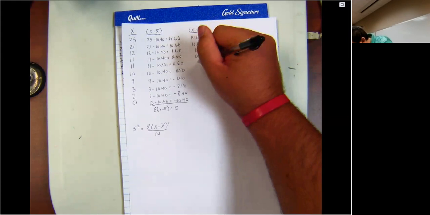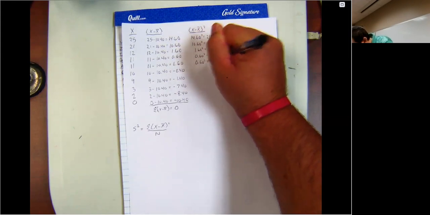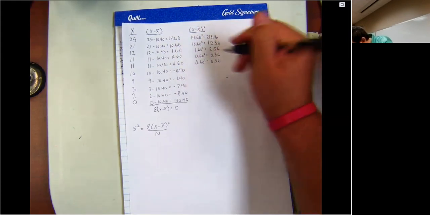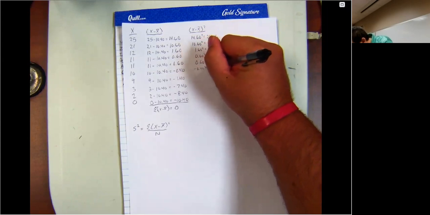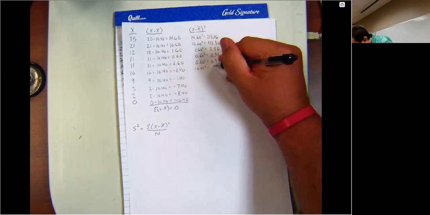And we had 2 of those. Negative 0.4 squared is a positive, sorry, 0.16.